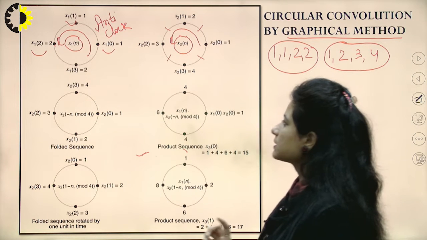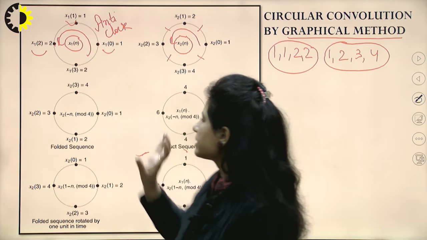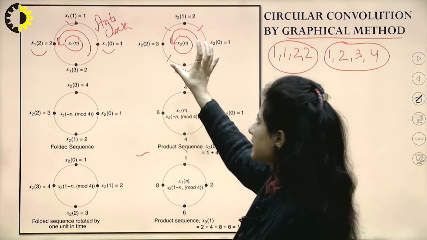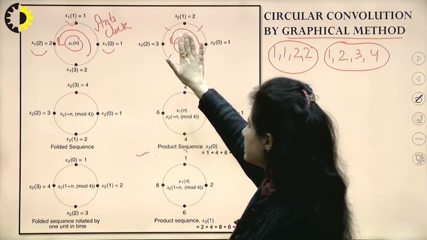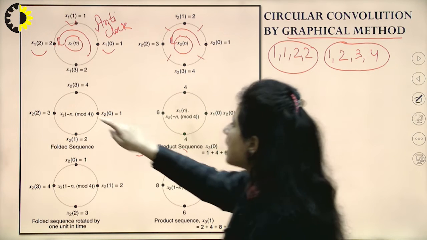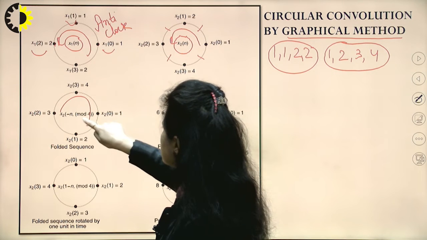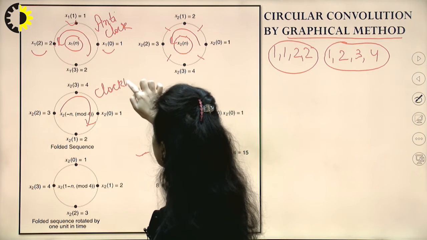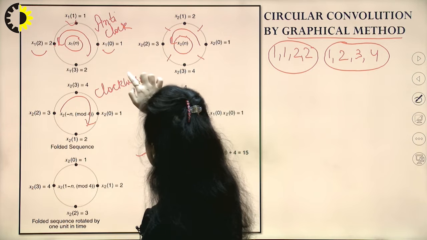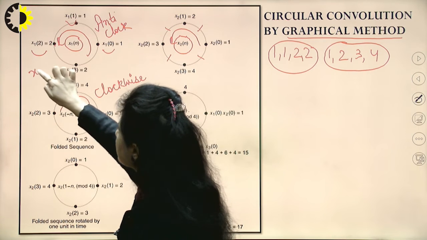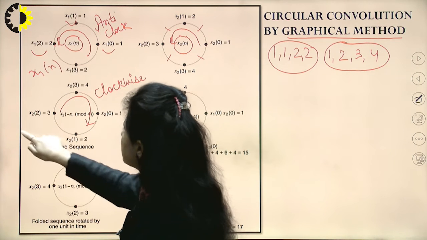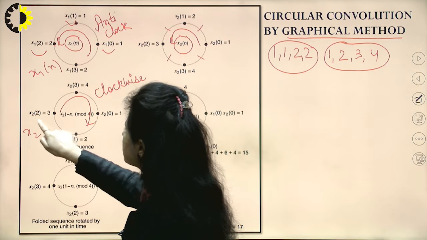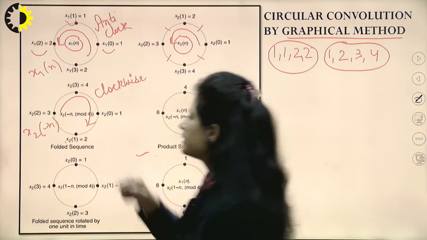The second step is, keeping the first sequence constant, I would fold the second sequence. That means if I have written x2 anti-clockwise, now I would write this sequence clockwise. This is what I call the folding property. So here I got x1(n) and here I got x2(minus n), the folded sequence.